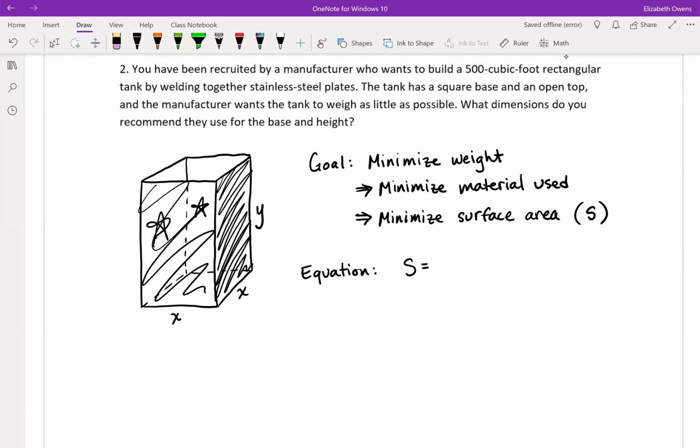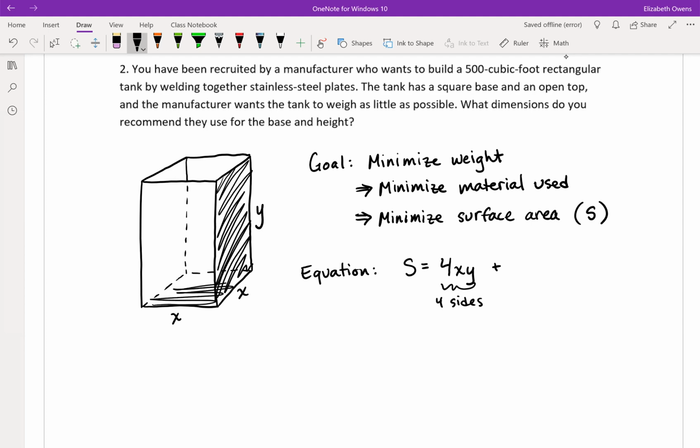So you have 4 of those upright sides, 4 of those xy areas. And then we've also got the base of our tank down here. You'll notice that the base is an area of x times x. It's a square base down there, and so the area is x squared.